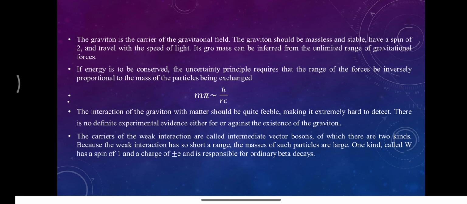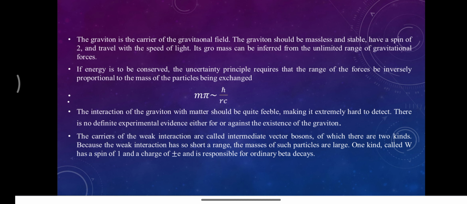The carriers of weak interactions are called intermediate vector bosons, of which there are two kinds. Because the weak interaction has a short range, the mass of such particles is very large.